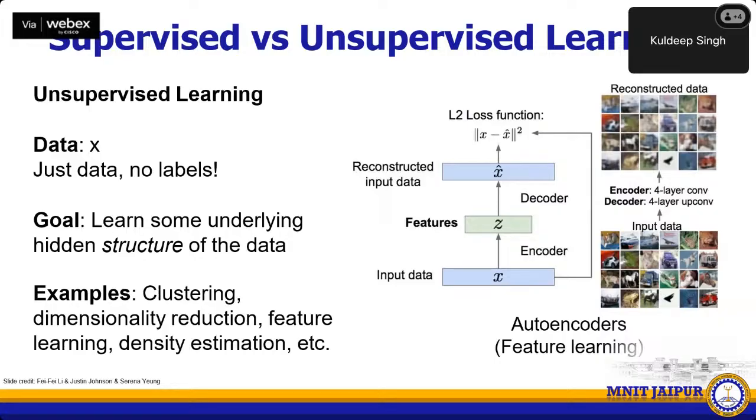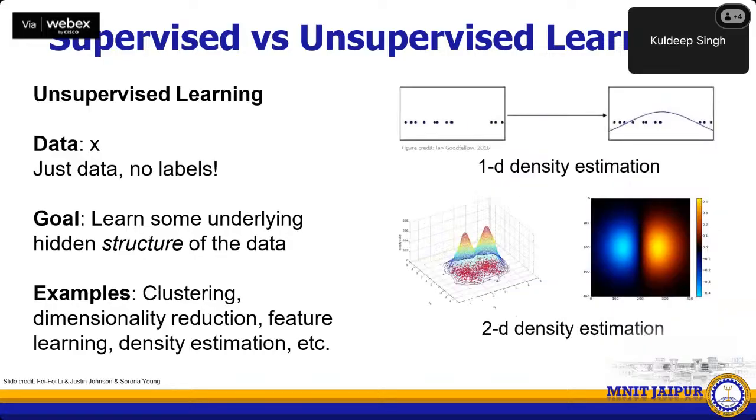Now here in unsupervised learning, we can also learn features, and autoencoder is one example of learning features in an unsupervised fashion. So the idea here is, without having any external labels, we are learning the feature representation from the input data.